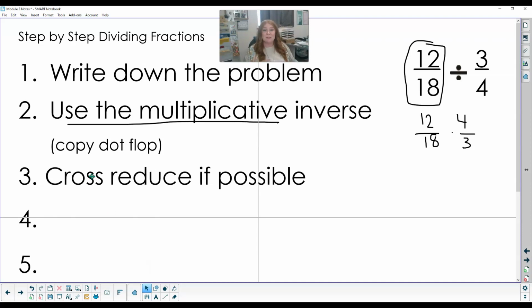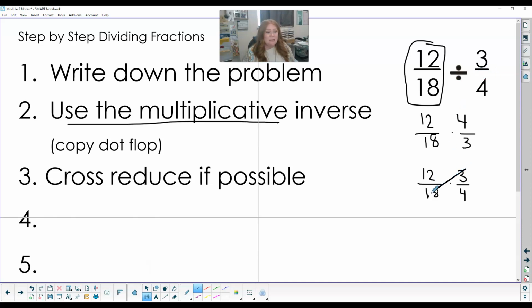Let's make these numbers smaller so that maybe we don't have so much work to do at the end and we have some easier numbers to work with. So I have 12/18, and now I'm going to times by 4/3. So I think it's important that we write down this first problem and then the second one, so we make sure we flip the right thing. This first one stays, and we change it to the opposite of divide, which is multiply, and flip it upside down.